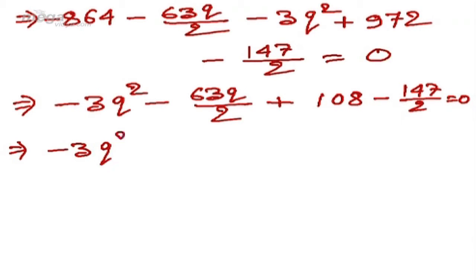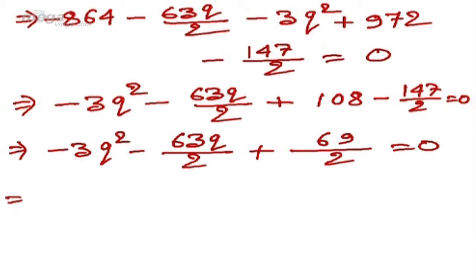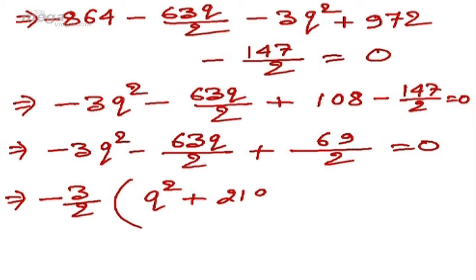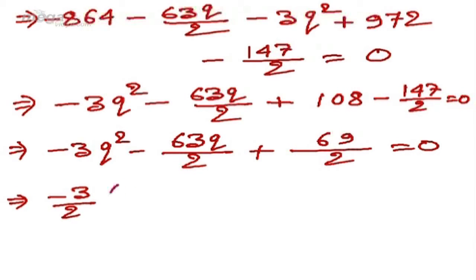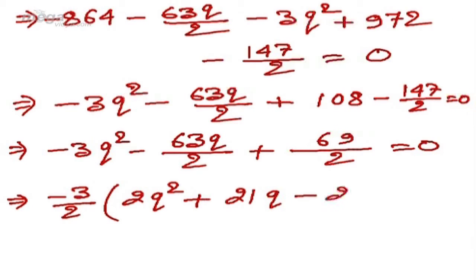Now we can take minus 3 upon 2 common, so you will get 2Q square plus 21Q minus 23 is equal to 0.